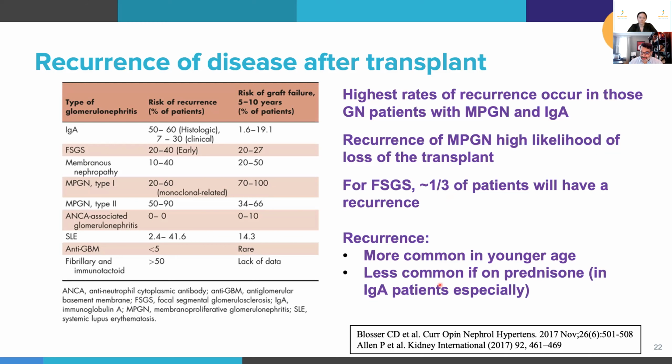So most patients out of a transplant nowadays will be on a medicine called tacrolimus or Prograf, MMF or Cellcept or Myfortic, and then plus or minus prednisone, depending on the preference of the center. And again, there does seem to be, especially for IgA patients, some benefit if they stay on prednisone.